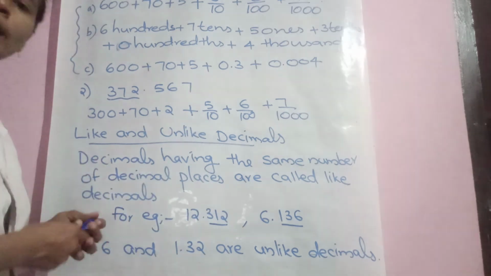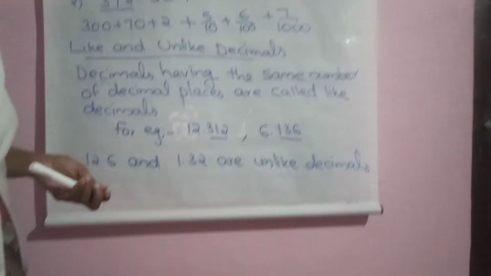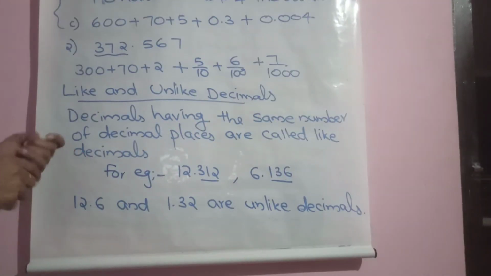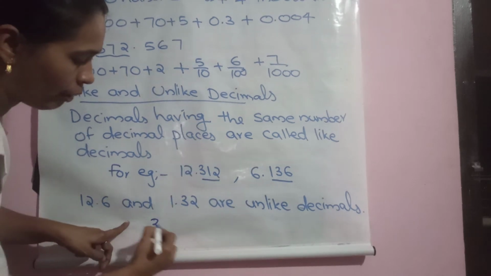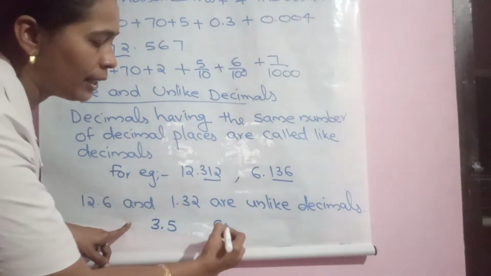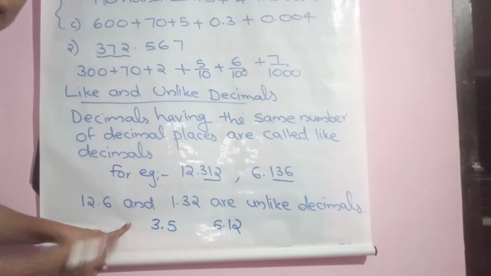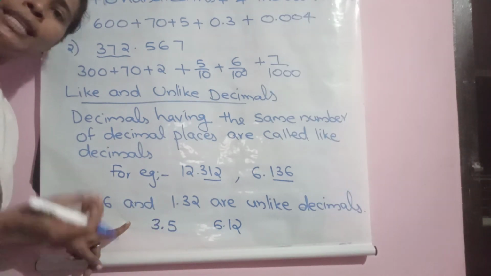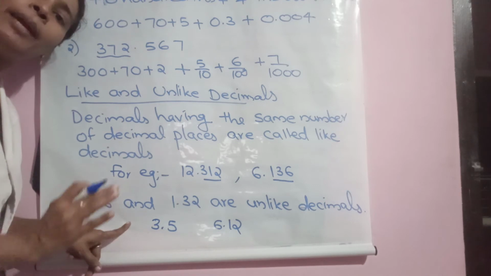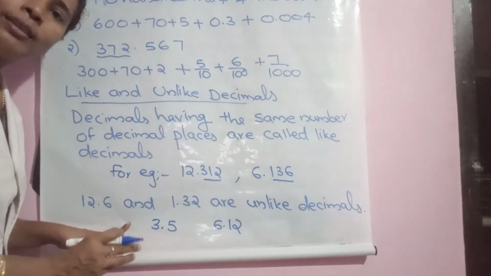But how do you make unlike decimals into like decimals? Suppose here 3.5 is given and here 6.12 is given. These two are unlike now. But using a simple shortcut method, we can make them like decimals.